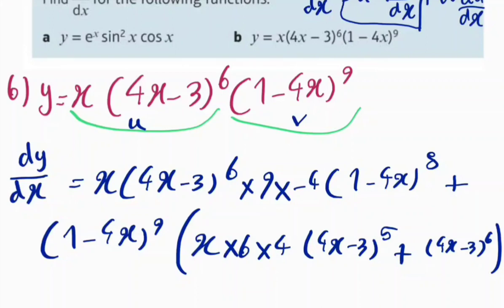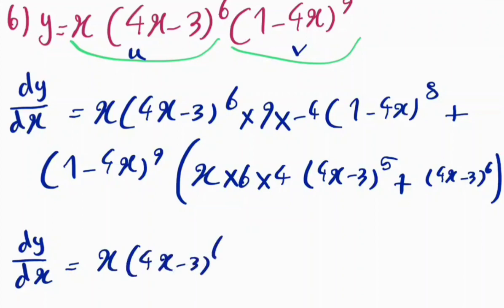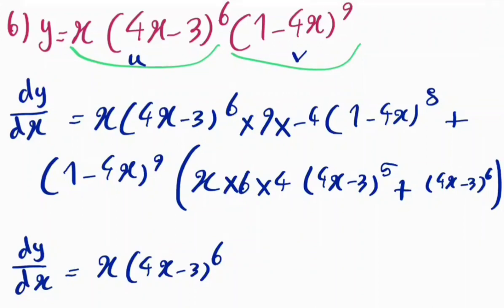And now we can do some of these multiplications to have a nicer answer. So we have x times 4x minus 3 to the power of 6, and 9 times minus 4, which is minus 36. So we write minus 36 here, and then this times 1 minus 4x to the power of 8.